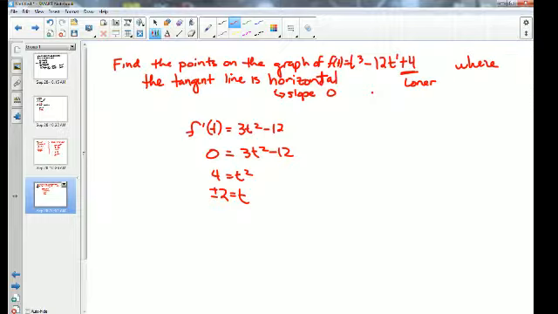Add 12, divide by 3. Oh, we have time. So you just get rid of that 4? Yeah, the 4 is a constant. Reject it. The derivative of any constant is 0. Why did you just drop the 4 out there? Because the derivative of the constant is 0.